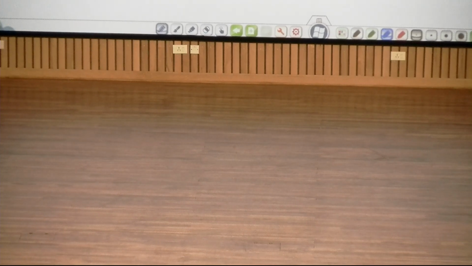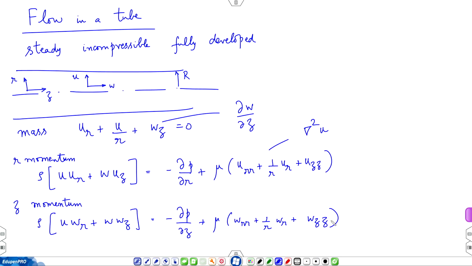Now, we apply the fully developed flow approximation first to the mass balance equation. What is fully developed flow? It tells you that there are no changes taking place in the velocity components in the z direction. You are looking at the same velocity, there are no entrance effects to the left, flow is fully developed, you get the same distribution in the axial direction.